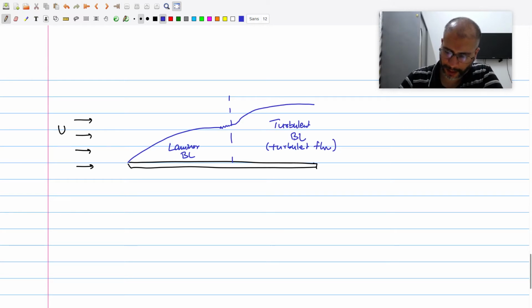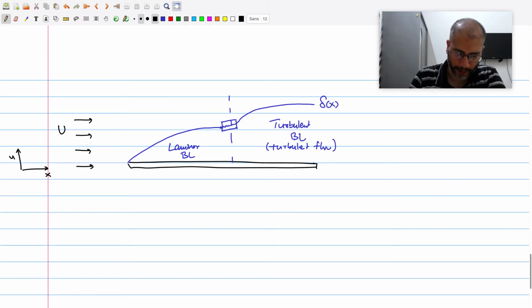And of course I draw this zigzag line because this is the transition region. In this case the delta, the boundary layer thickness as a function of x, is sometimes increasing, sometimes decreasing. So this transition region is a bit difficult to understand and it's not very stable. That's the reason we draw this kind of jagged line.